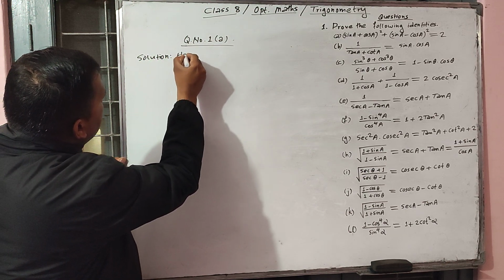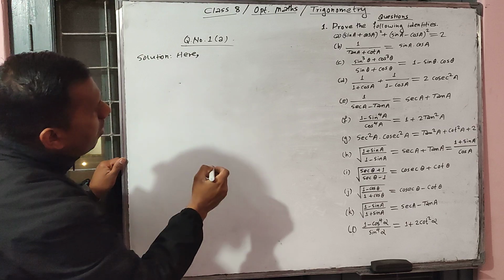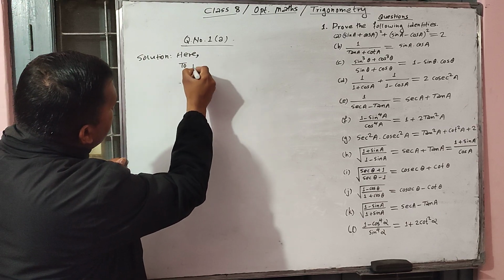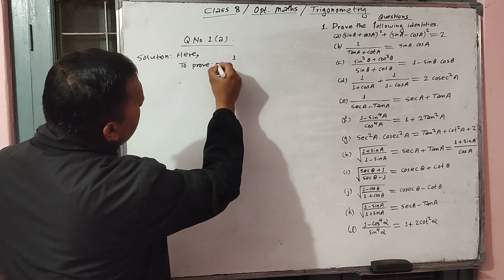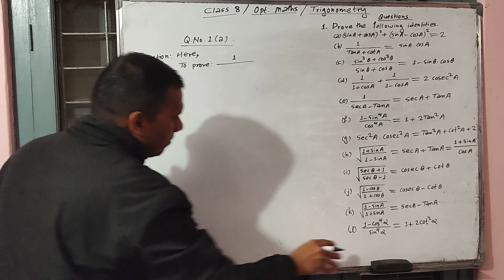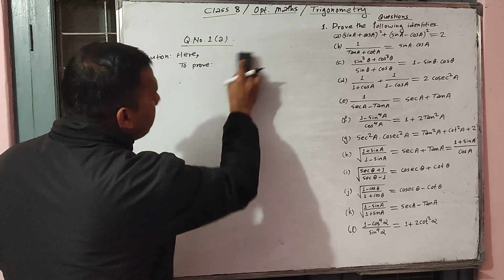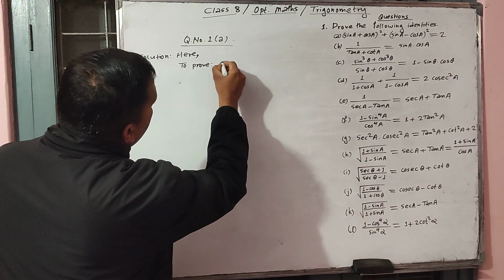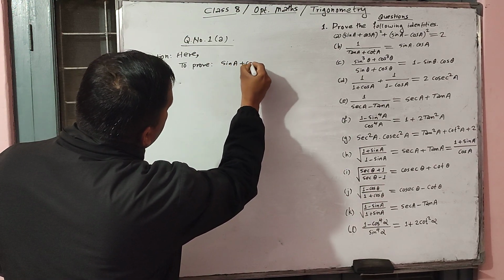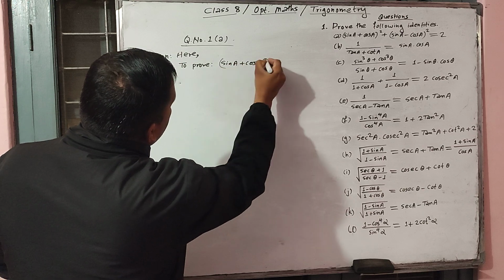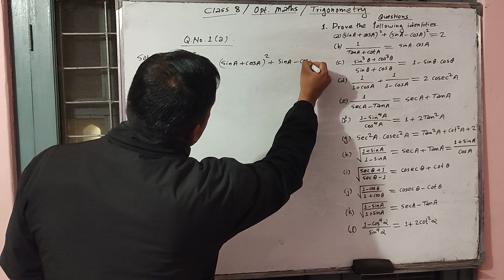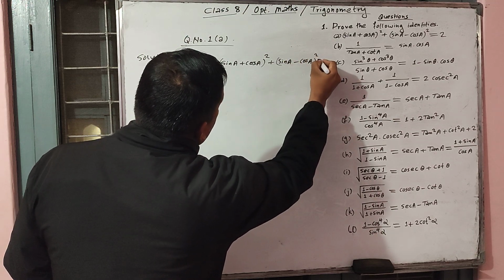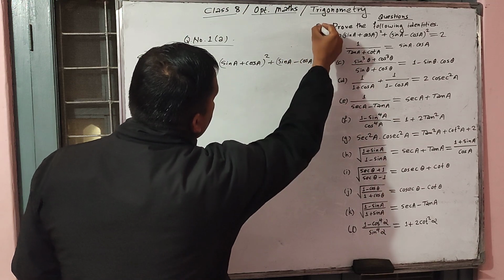Solution. Here we have to prove sin A plus cos A whole square plus sin A minus cos A whole square equal to 2.